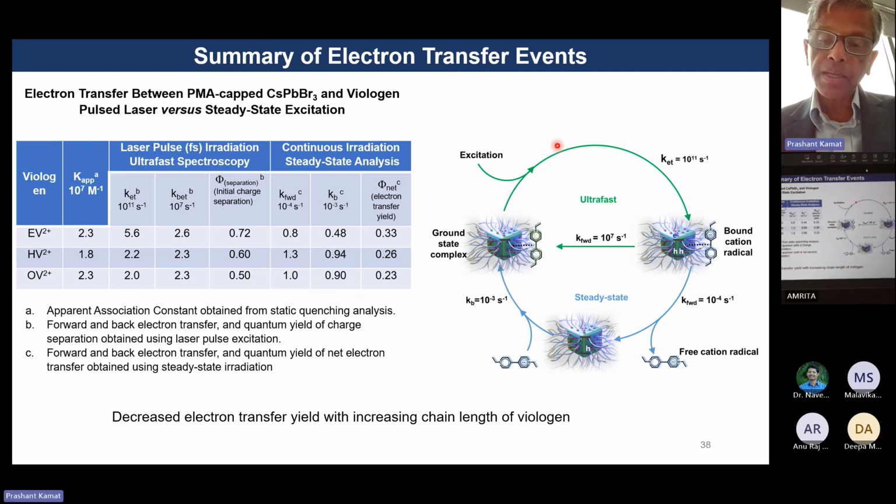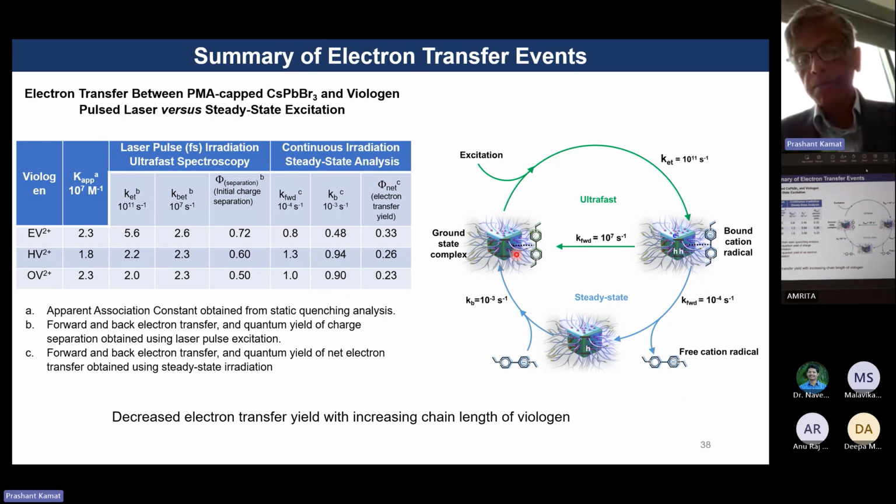Some of this reduced cation either escapes or hops to get stabilized to form a free cation radical, and that's the rate constant for that process. This can also undergo back electron transfer with a much slower rate compared to this one. So this shows you a cycle of how electron transfer and back electron transfer occur in the semiconductor photocatalytic system.